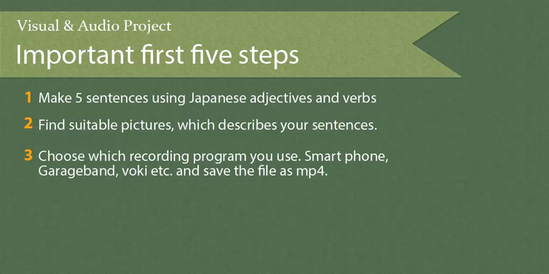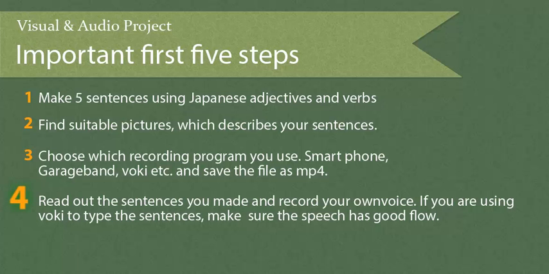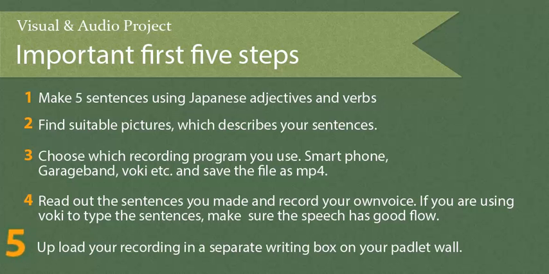Choose which recording program you use, such as a smartphone or Boki, and save the file as MP4. 4. Read out the sentences you made and record your own voice. If you are using Boki to type the sentences, make sure the speech has good flow. 5. Upload your recording in a separate writing box on your Padlet wall.